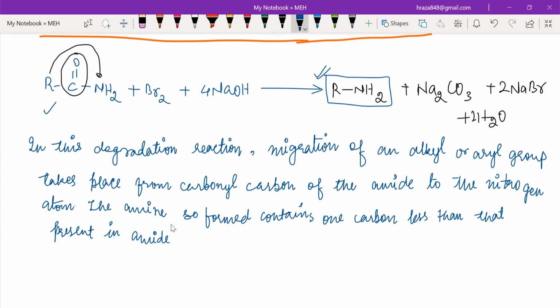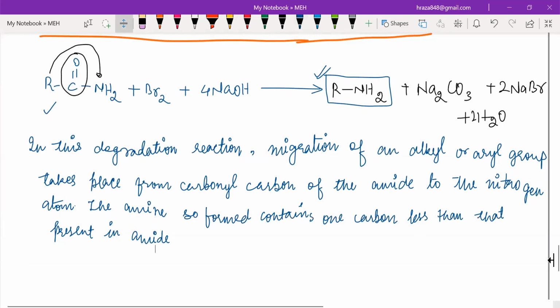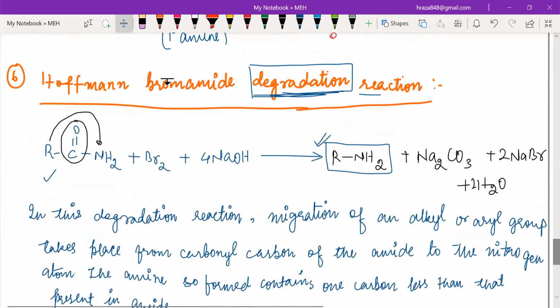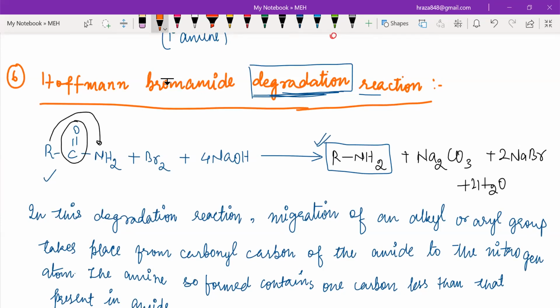Sir, can you scroll up? Yeah, yeah. Is it okay? Yes, sir, before the Hofmann bromamide degradation reaction.